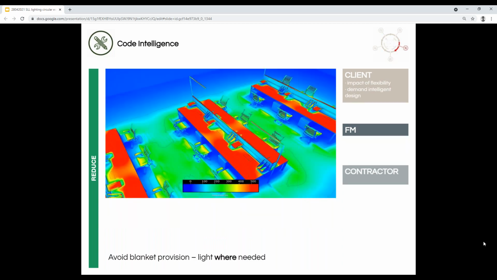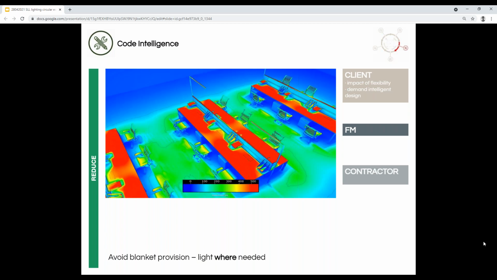This is the code intelligence, which is using the codes well to actually understand what they really are saying and design intelligently around them. So, for instance, in an office, the code may say we need 500 lux on the task. What it doesn't say is we need 500 lux splattered across the entire floor plate. Actually, what it says is, if you're reading paper, you need 500. If you're doing VDU work, then you need 300.